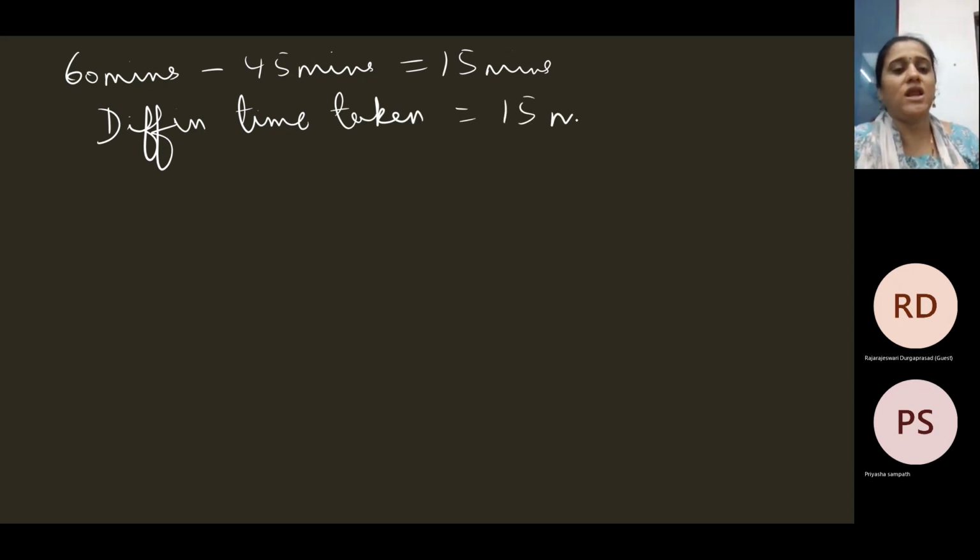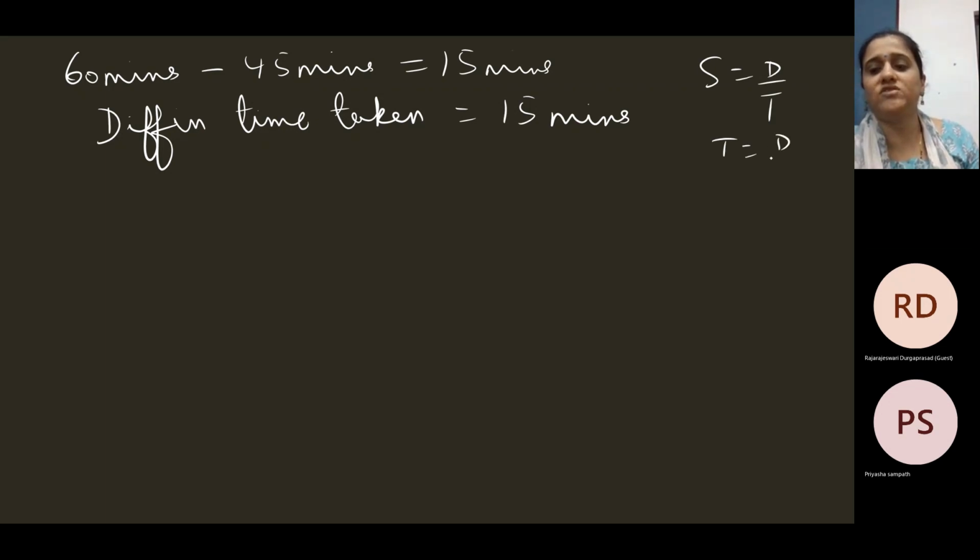Now, how do you construct the equation? How do you find time? Distance by speed. Speed is equal to distance by time, so time is equal to distance by speed. So the difference in time taken: the original time taken minus the new time taken is equal to 15 minutes, correct?